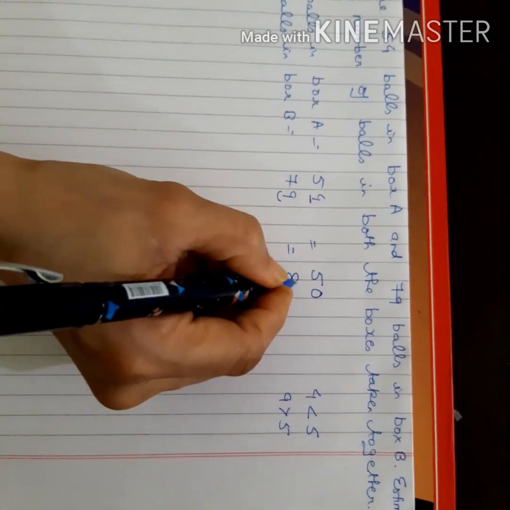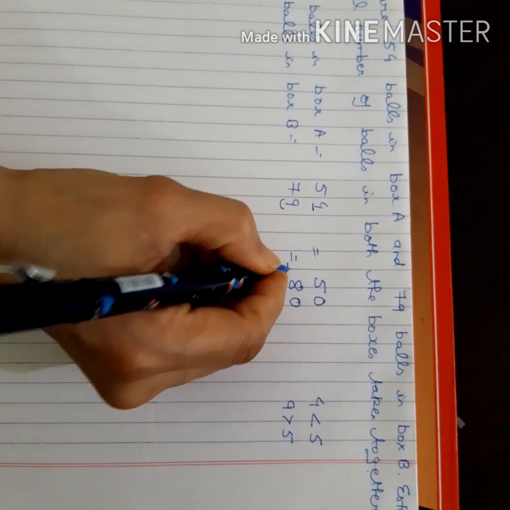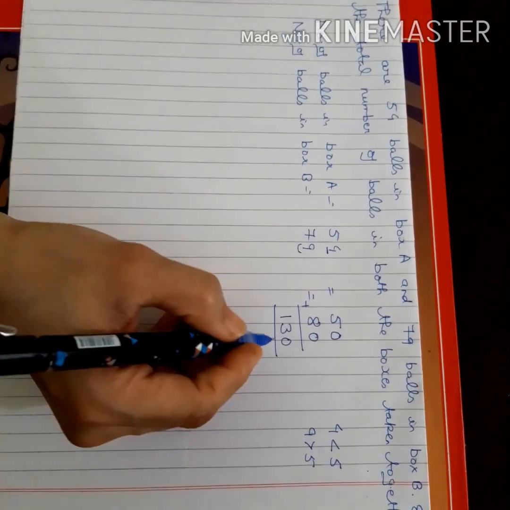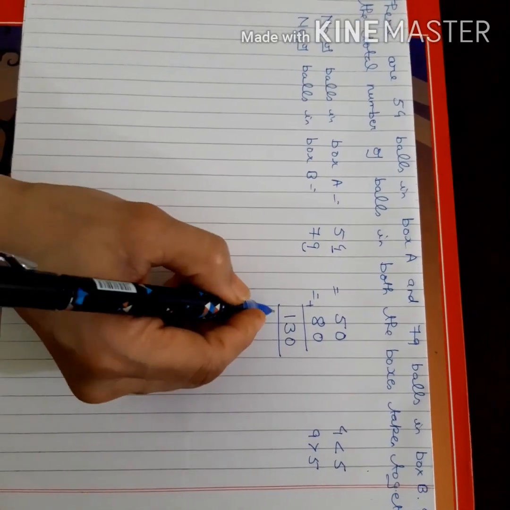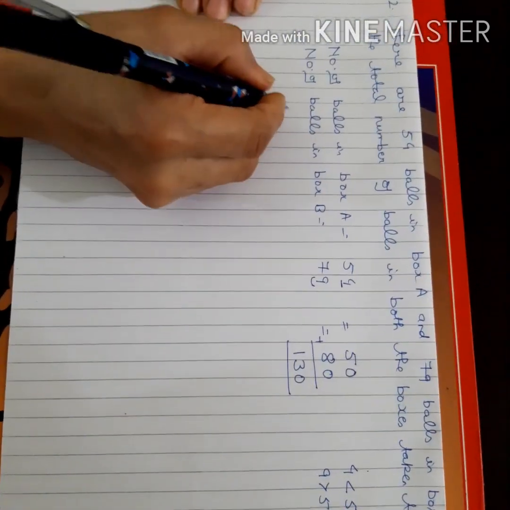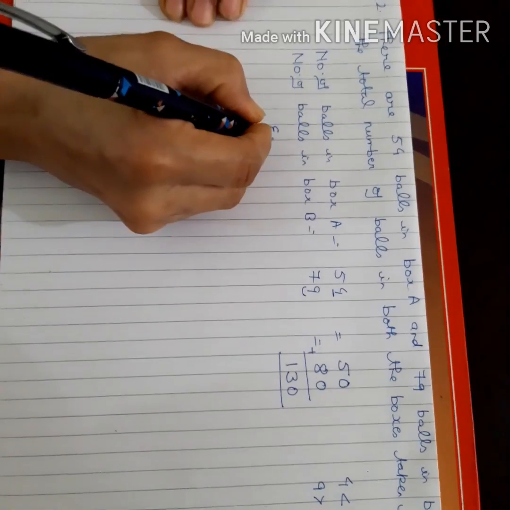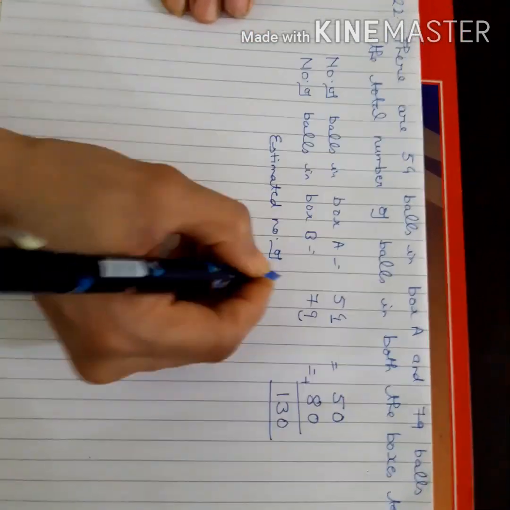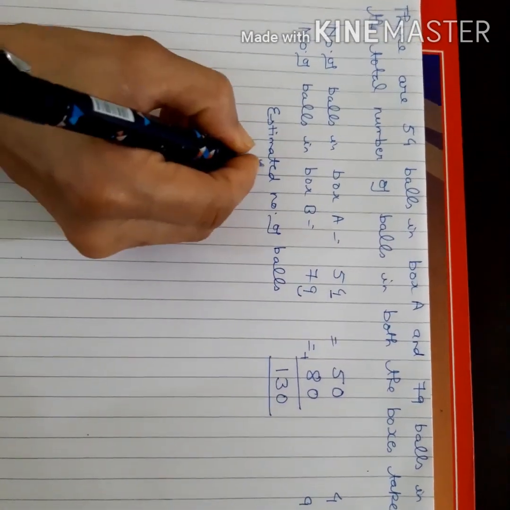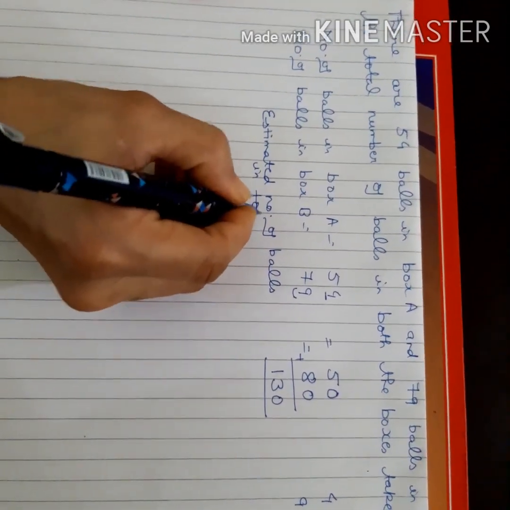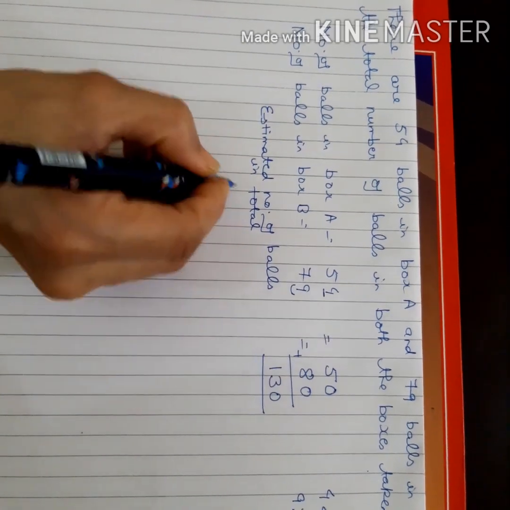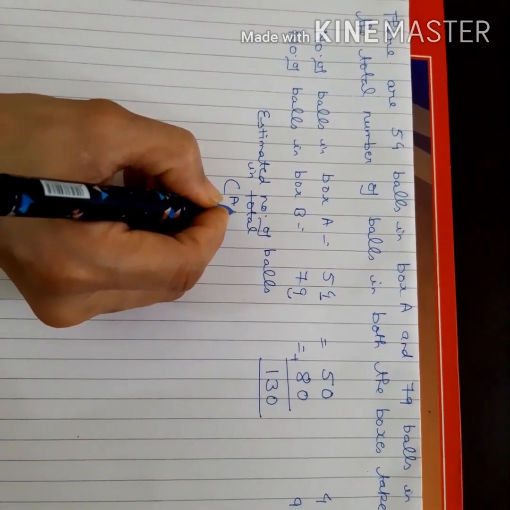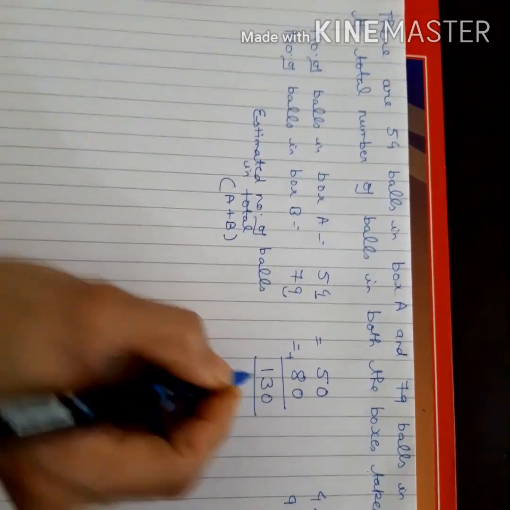It will become 8 and this will become 0. 130 is the approximate number of balls in both the boxes together. So the estimated number of balls in total, it means in both the boxes A and B.